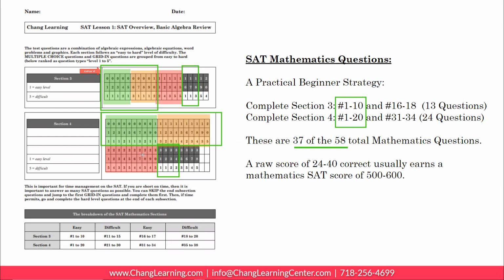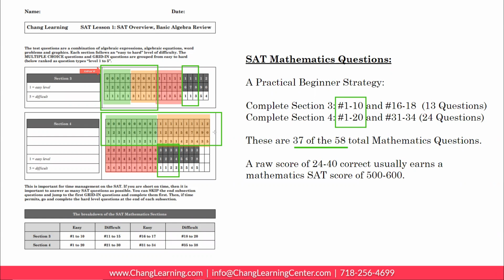Up to 600: if you get most of those 37 questions, you have a 600 math score out of the top score of 800. So a good practical beginner strategy is to do the 13 questions in the green boxes, questions 1 to 10 and 16 to 18, then go back, if you have enough time, and do those other 7 questions.